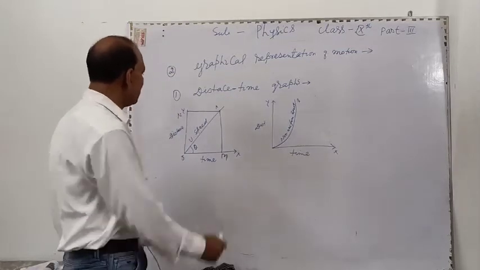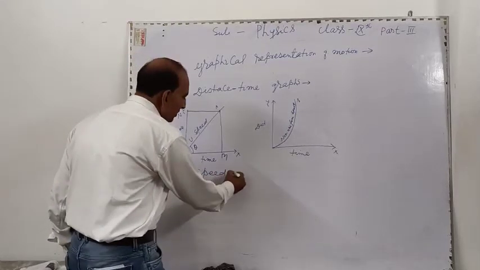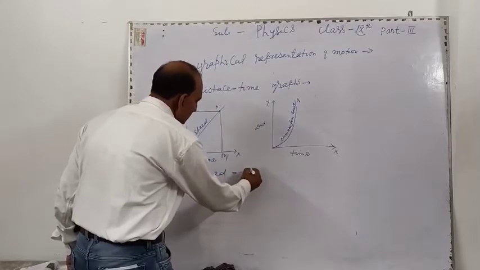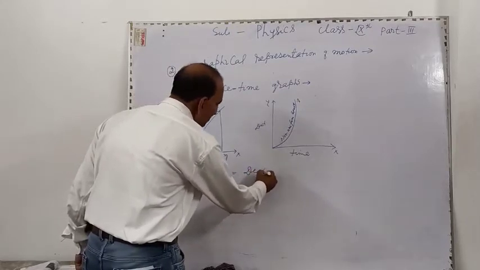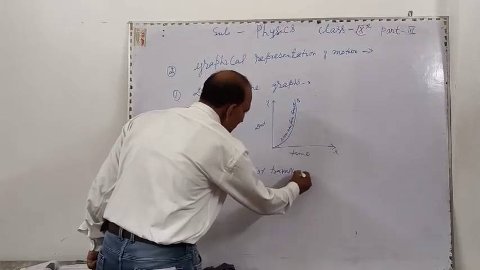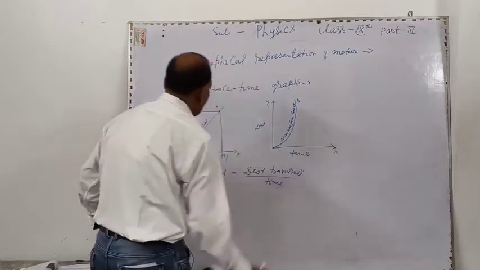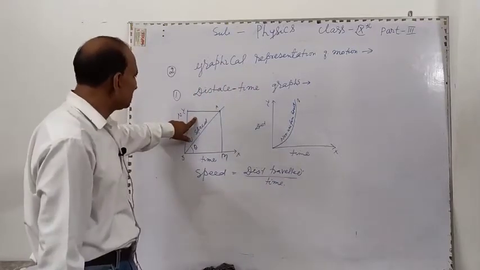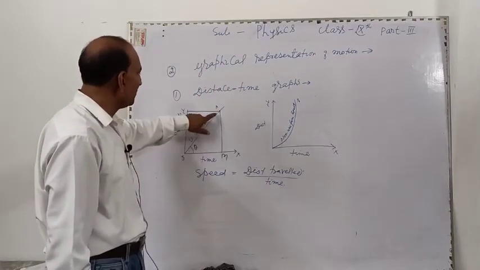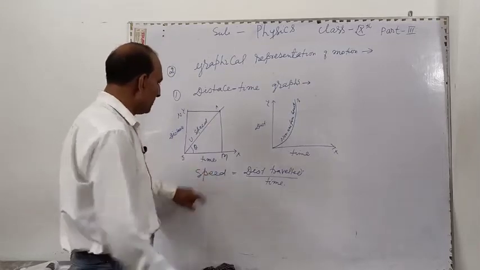Therefore, we know that speed is equal to distance traveled by time, and in the graph the distance traveled is given by AM and the time is given by OM.